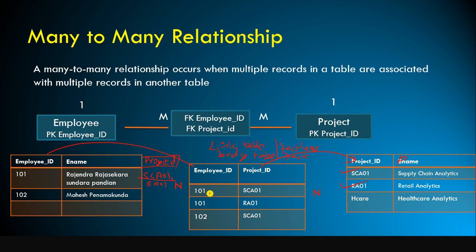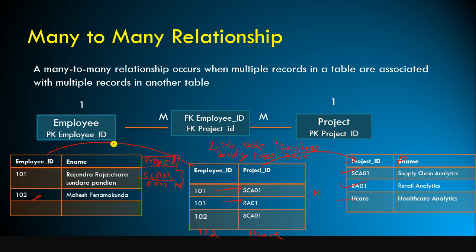Here employee ID 101 is working in two projects. So we store two different projects against him by having two employee ID rows in this table. Similarly, employee ID 102 is also working in two projects, SCA01, and let's say HCAR, so 102 HCAR.